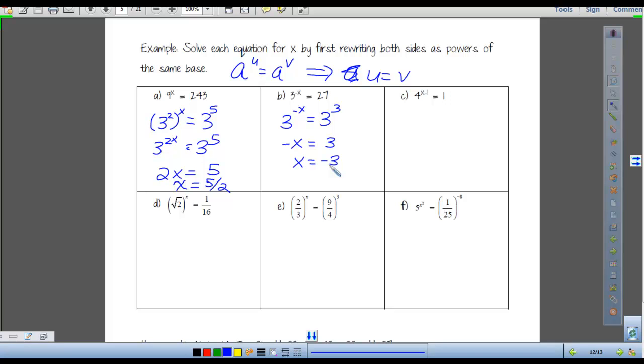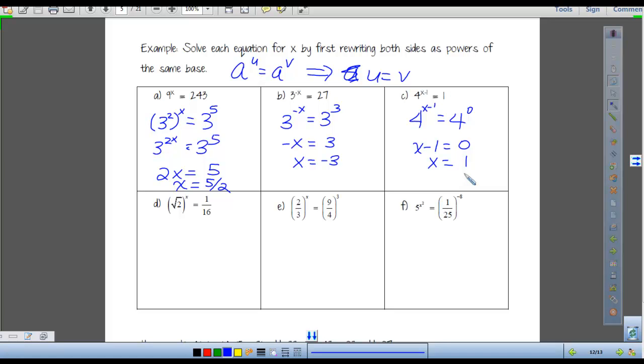Okay, well, what are we going to do with this? Can we write each side as a power of 4? Say just what, x equals 1? Okay, and why can we say that? Okay, 4 to the 0 is 1. So maybe we might write 4 to the x minus 1 equals 4 to the 0, right? And so, yes, x minus 1 equals 0, or x equals 1. Alrighty.